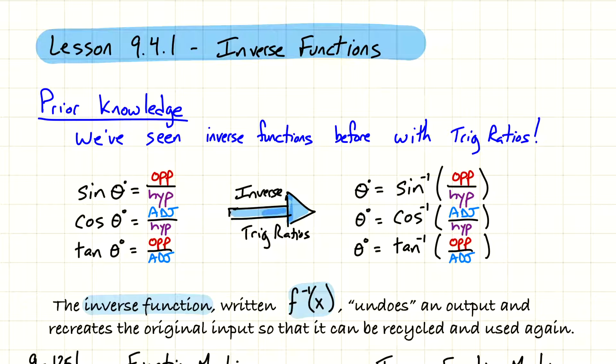Which ties in to an official definition given to us in our book: the inverse function is written with, instead of f of x, f of x with this little -1 at the top like an exponent.